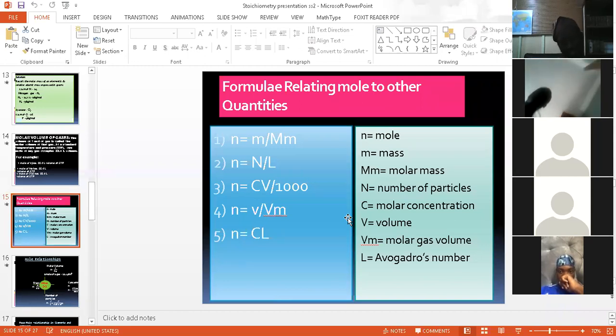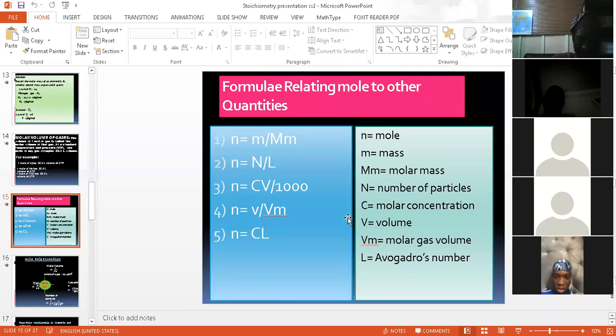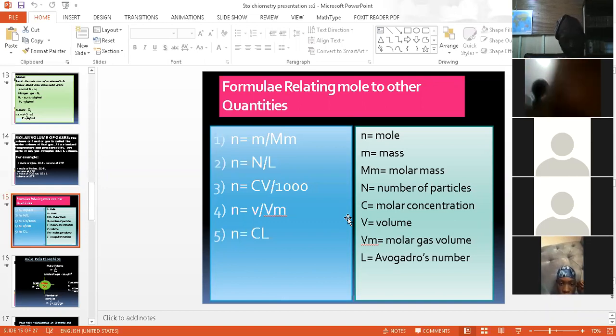As you can see, the first formula is n is equal to mass over molar mass. They have written what each of the letters stand for at the right hand side. The second formula is number of mole is equal to N over L. What does N represent? Number of particles over Avogadro's number.